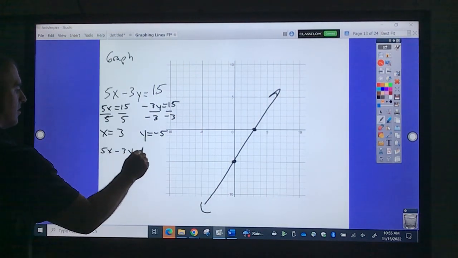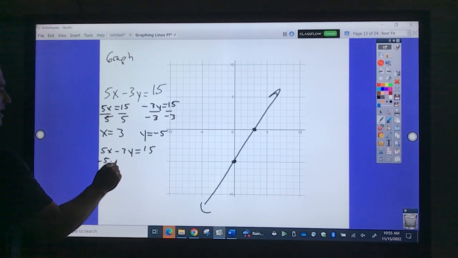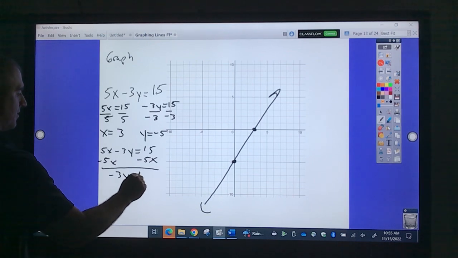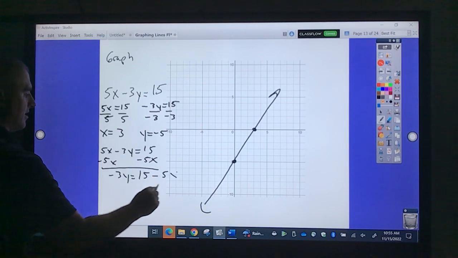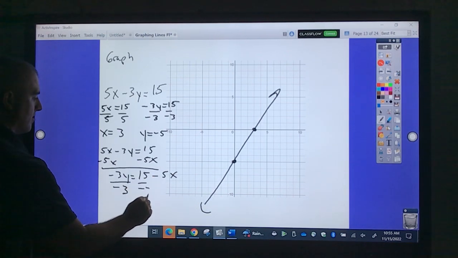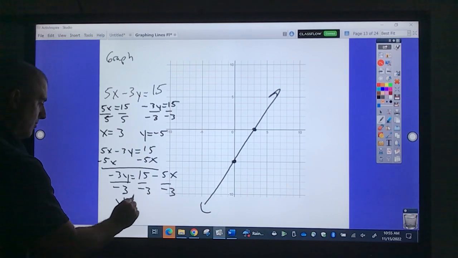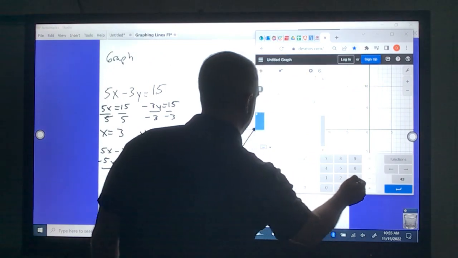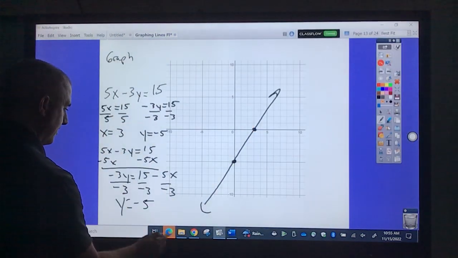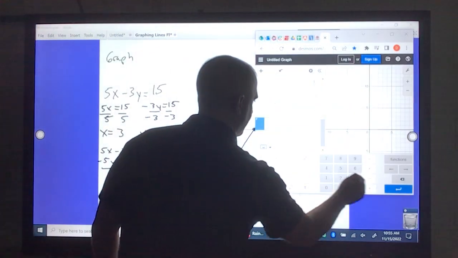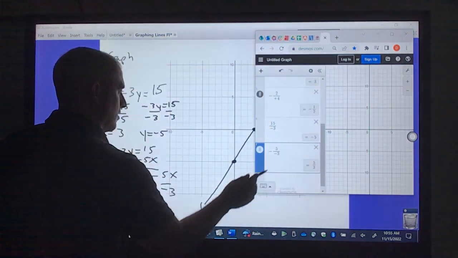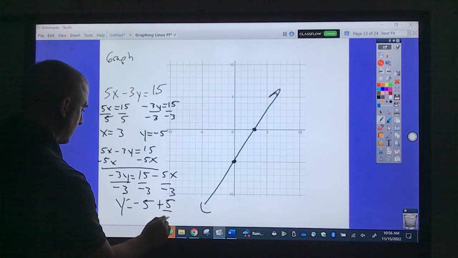If you want to do it where I solve for y, I would subtract 5x. That's -3y equals 15 minus 5x, and divide by -3. Y equals, I got 15 divided by -3 is -5. Then -5 divided by -3, as a decimal, would be positive 5/3 x.